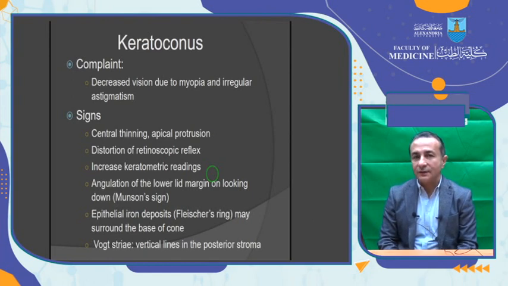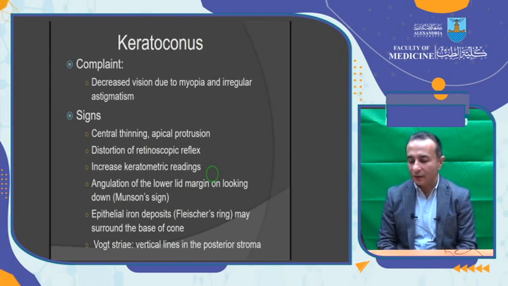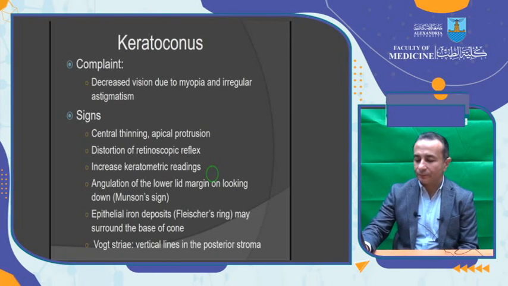In some cases, you may find epithelial iron deposits at the base of the cone, and this is called a Fleischer ring. The Vogt striae are vertical lines in the stroma and represent undulation of the collagen fibers in keratoconus.